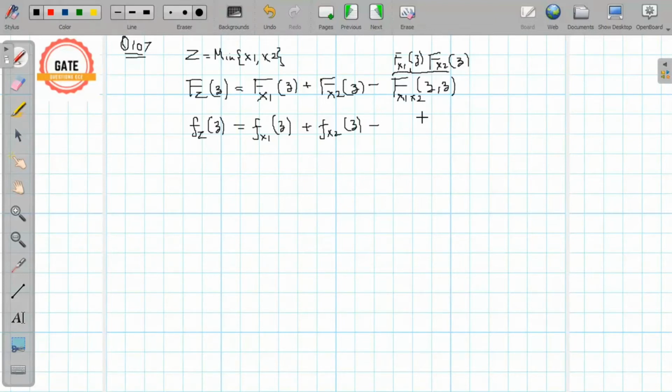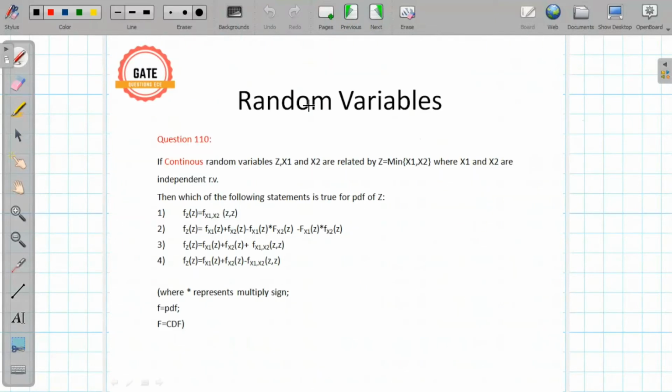Differentiating this, we will get capital F x1 z into PDF of x2 plus PDF of x1 into CDF of x2. So this is the PDF of z. So the correct option is option 2.